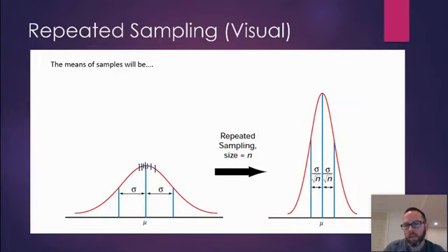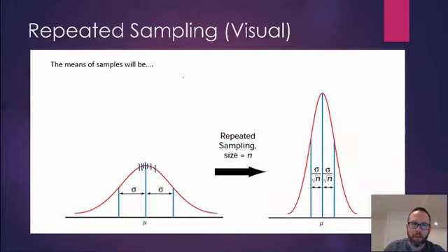And it's actually related to sigma in the following way. The standard deviation of those sample means is sigma divided by the root of n. So for example, if you did a sample mean 4 times, the root of 4 is 2, and your standard deviation would be cut in half, right?